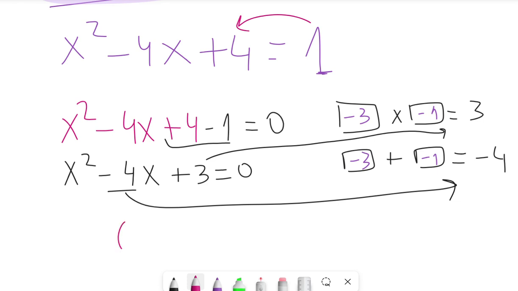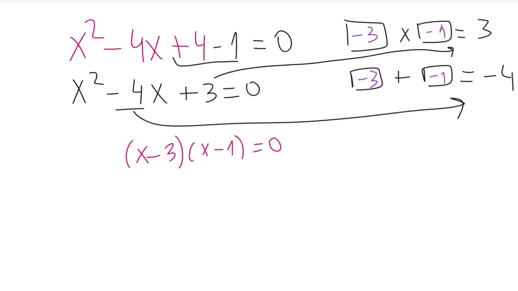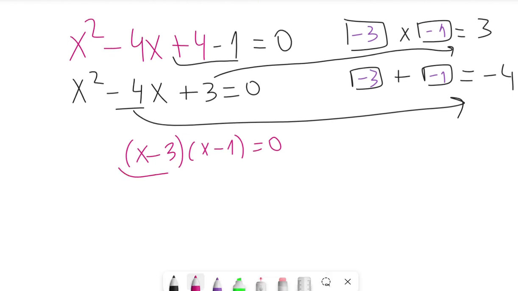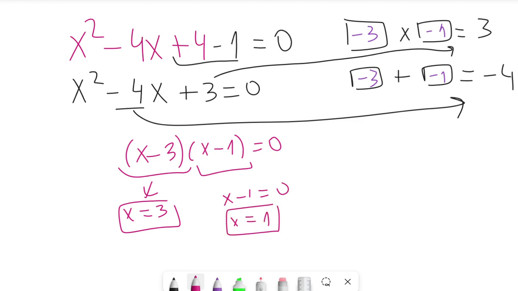So how do we factorize it then? (x minus 3)(x minus 1) is equal to 0. If x minus 3 is equal to 0, then x is equal to 3. If x minus 1 is equal to 0, then x is equal to 1.